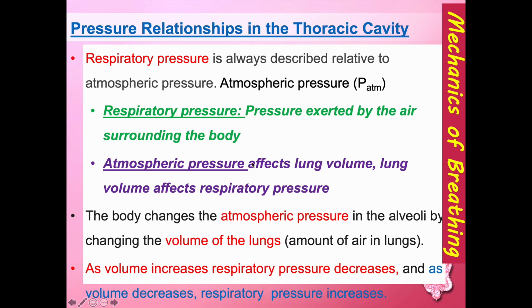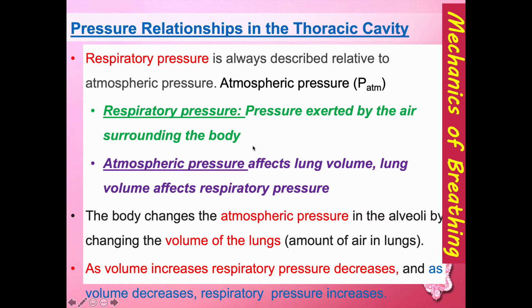First of all, you have to understand the respiratory pressure. Respiratory pressure is always described relative to atmospheric pressure. Atmospheric pressure, we mention it as P ATM, is the pressure exerted by the air surrounding the body.